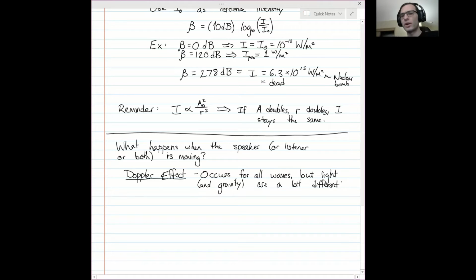However, the mathematical characterization is a little bit different. And that's for good reasons, but reasons that are above your heads. So we're not going to get into why they're different, but I will give you the formula. However, for sound, we can just characterize it directly, and we can actually derive the result. So let's talk about the Doppler effect for sound.